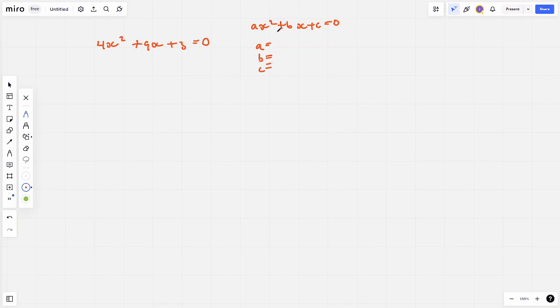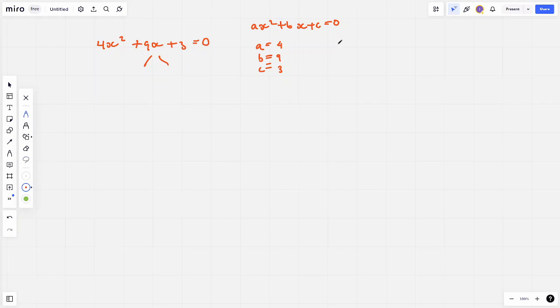So using the quadratic form here, we can identify that a is 4, we've got b as 9, and then we've got c as 3. So normally the next step is we get the middle term, which is the 9x. We split it into two parts, so two x terms, that should equal 9x, and that usually is from two numbers.